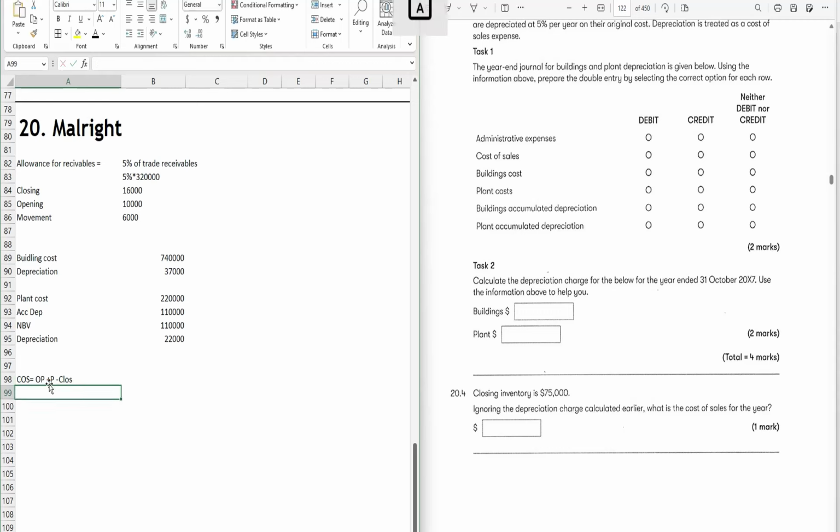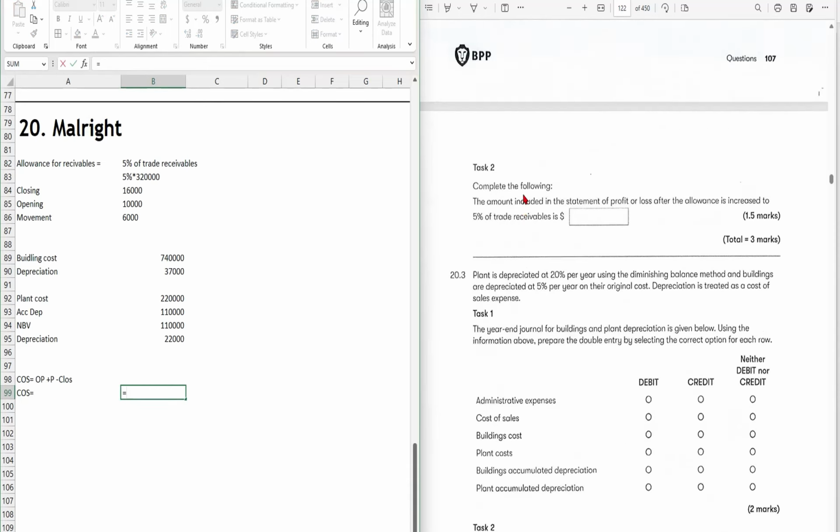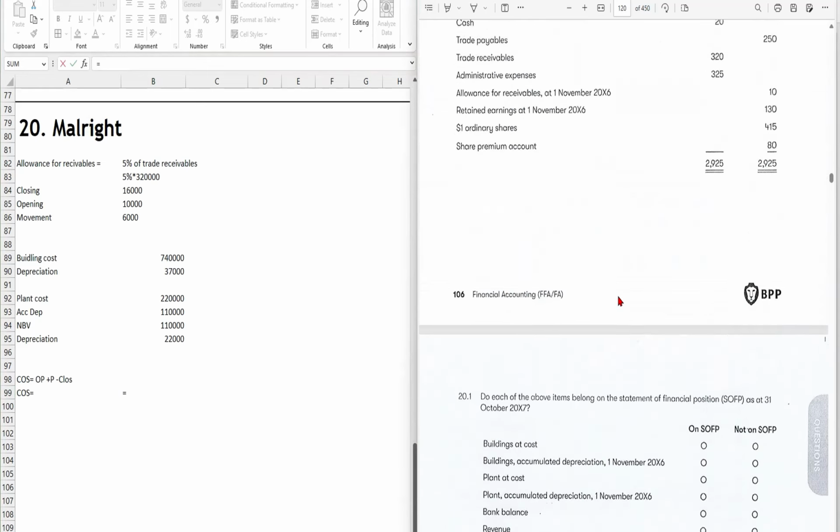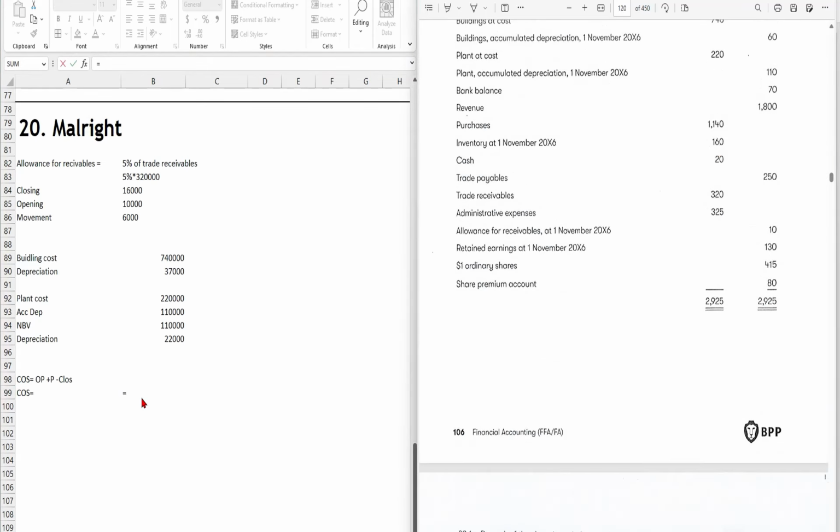Okay. So we know the opening inventory is given in the trial balance. What is the opening inventory figure? It's 160,000. Or you can take the 000 common now and later on multiply by 1,000. You can do that as well.